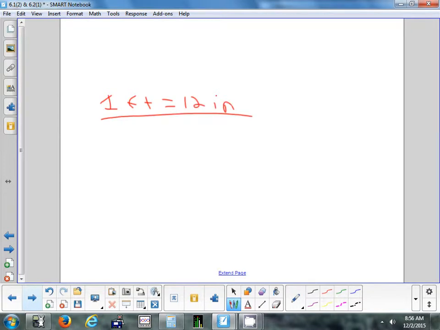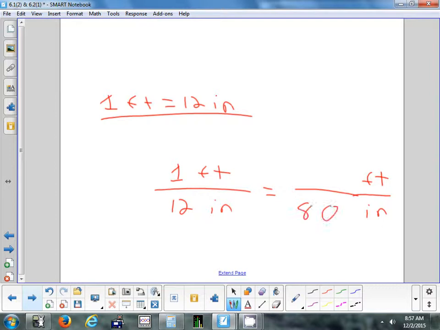If you know that fact, you could set up a proportion to convert feet to inches. 1 foot, 12 inches. On the other side, you just set it up the same way. Feet, inches. Let's say somebody said, I want to convert 80 inches to feet. I just put 80 right there, and I put x right there.